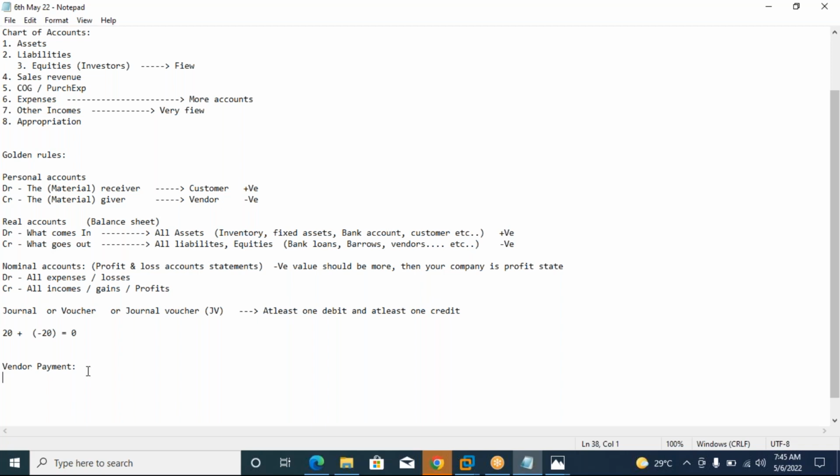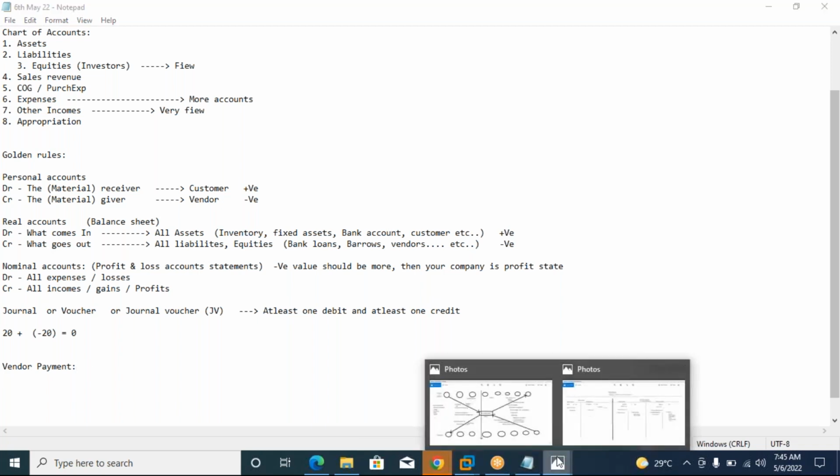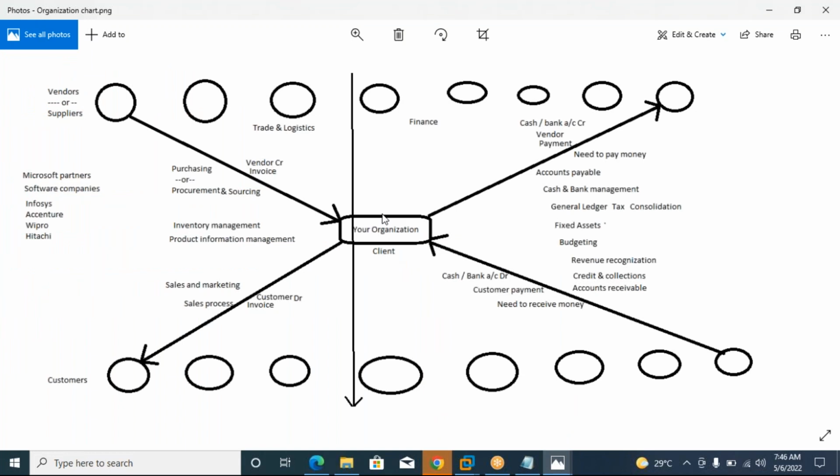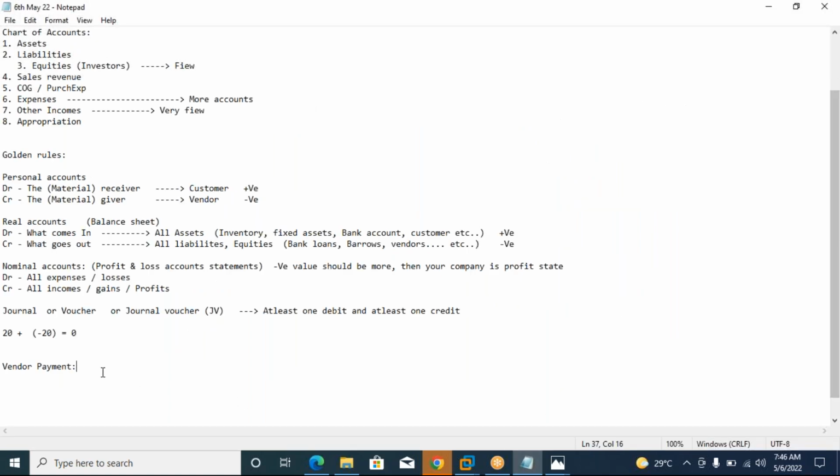That is vendor payment. Am I right? So this client is paying money to the vendor. That is vendor payment. So vendor payment means the client is paying money to the vendor.